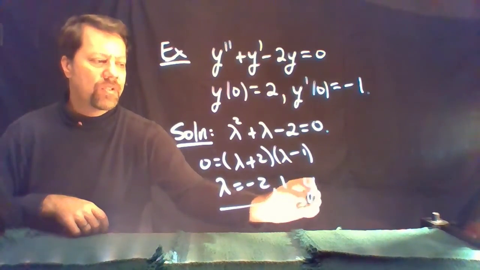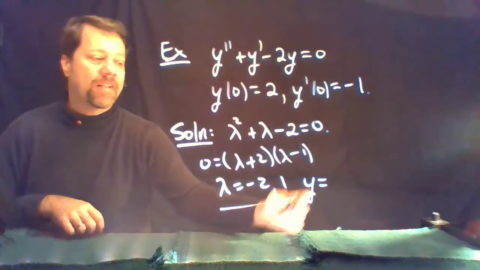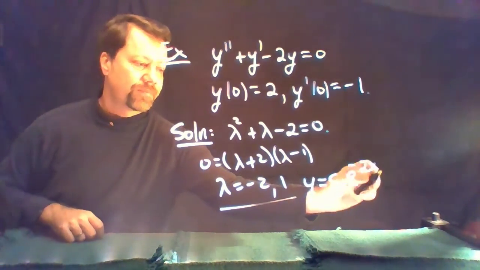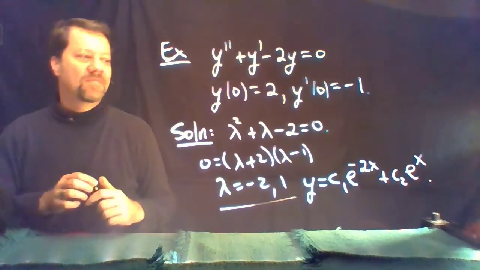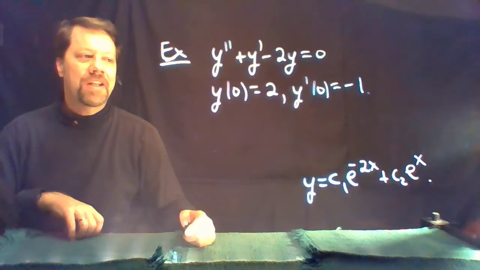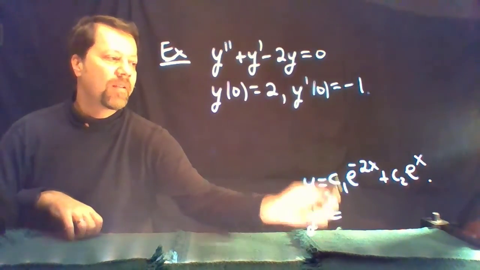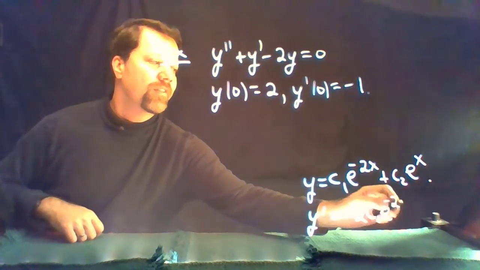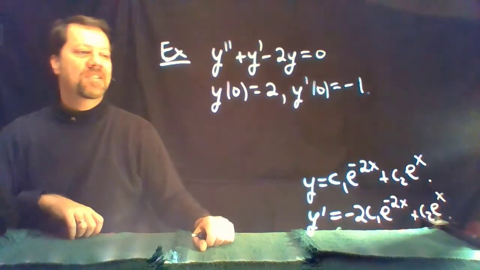This gives us two solutions, and in particular, it gives us a two-parameter family of solutions, c1 e to the minus 2x plus c2 e to the 1x. To account for the initial data, we need to calculate the derivative, which I'll do right here. The derivative is minus 2c1 e to the negative 2x plus c2 e to the x.